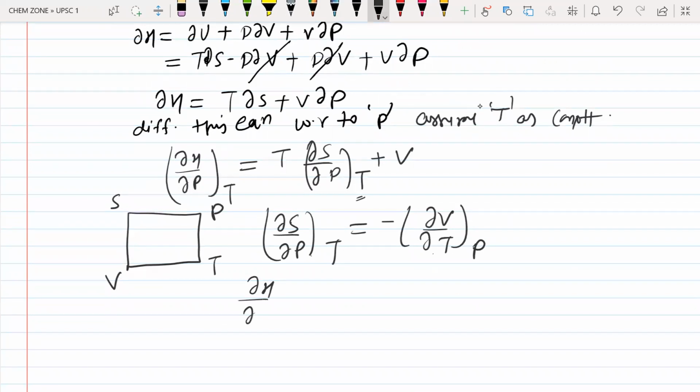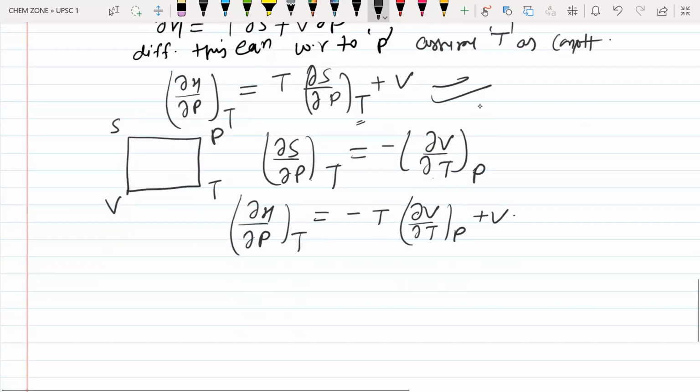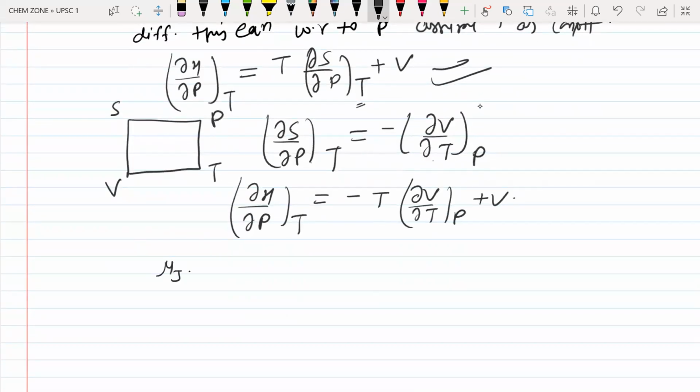So we found that del H by del P at T, when we put the value of del S by del P in this equation, comes as minus T del V by del T at P plus V. Now we get the mu JT in a different term.